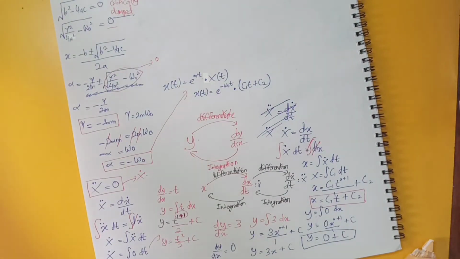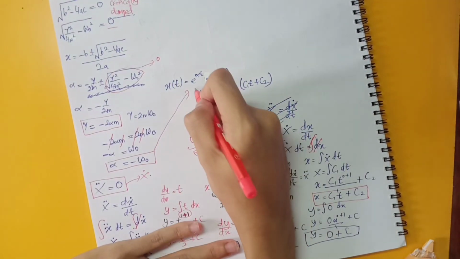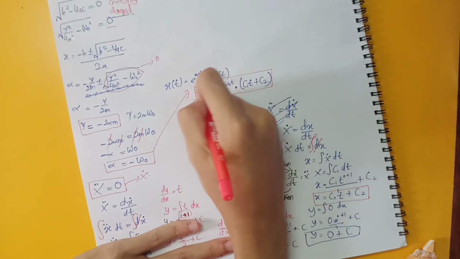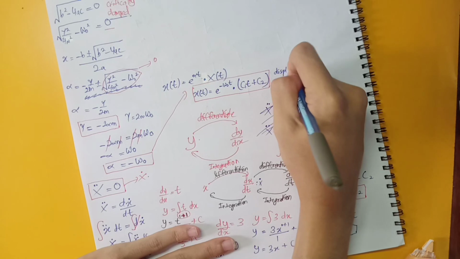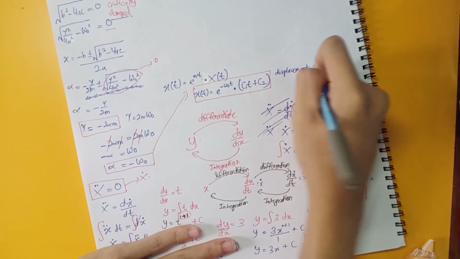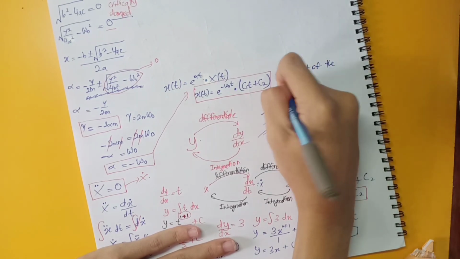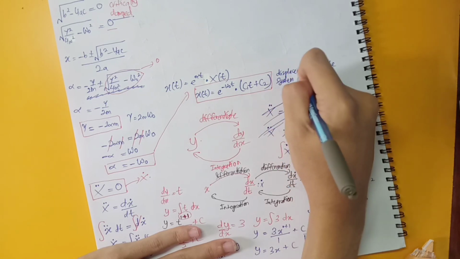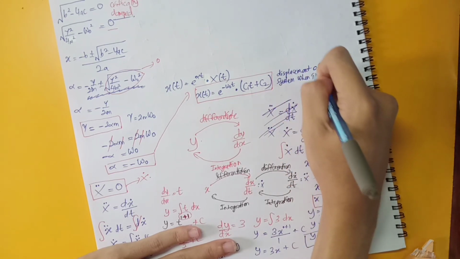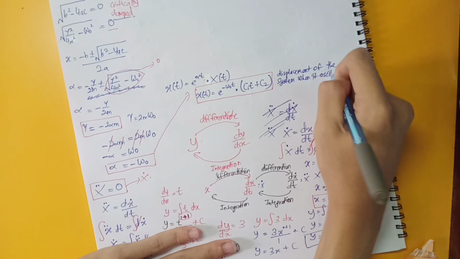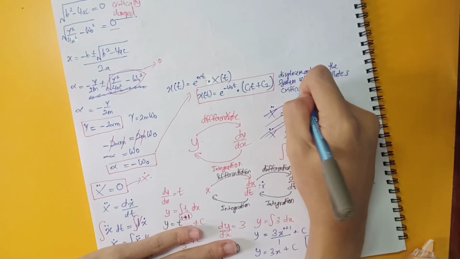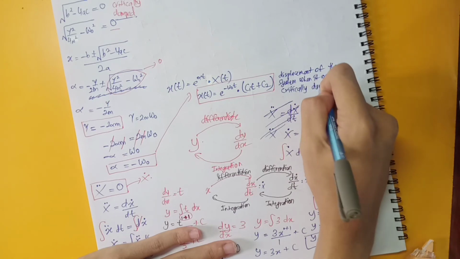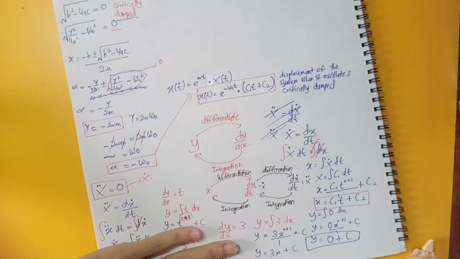So this is how we calculate the displacement of the system when it oscillates critically damped. This is important.